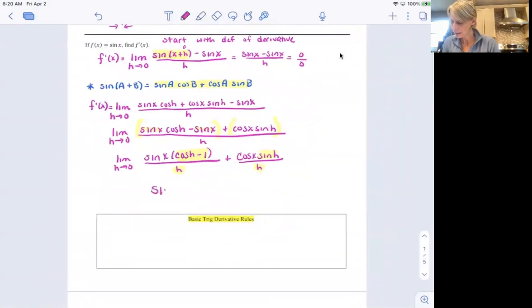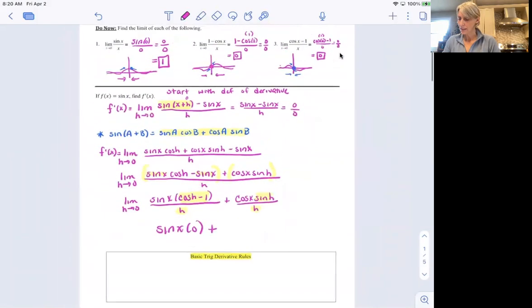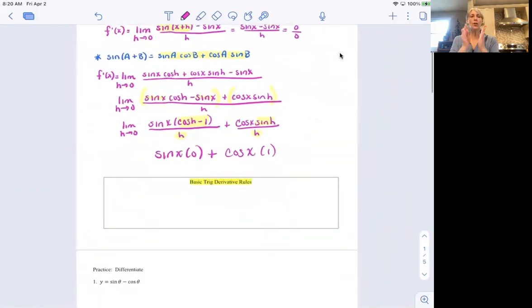So I have sine x times 0 plus the limit as h approaches 0 of sine h over h is 1. Cosine x times 1. Now remember, once you evaluate the limit, your answer is your derivative function. So f prime of x is cosine x.